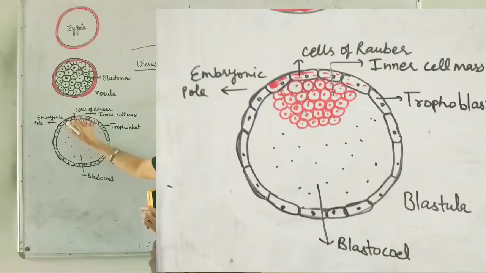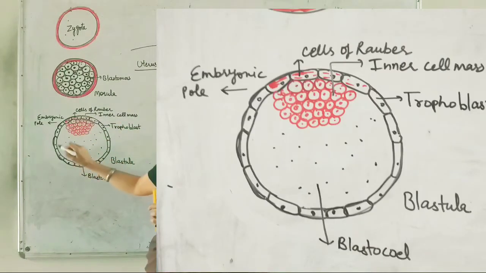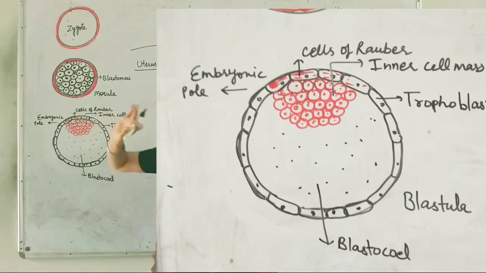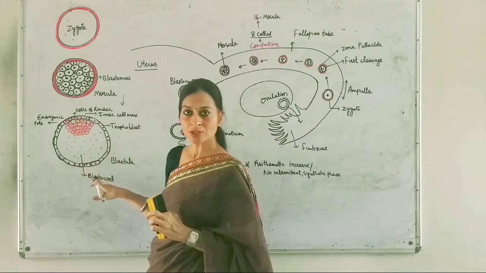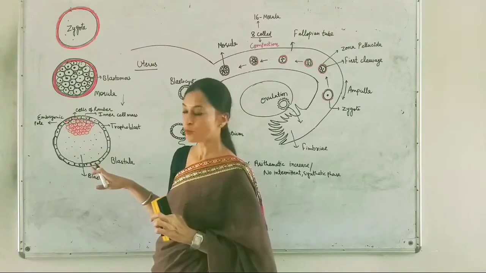One is going to form the trophoblast, and the other, the middle cellular group, is going to arrange themselves on one side. This structure, the morula, is going to lead into a specialized structure. You can see here because of the compaction process.